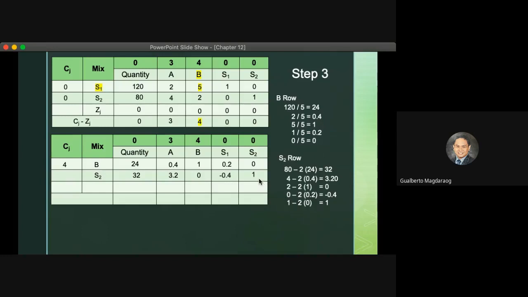Ulit, bakit naging 1 yon? That's 2 times 0 equals 0. So 1 minus 0 is 1. So ganun din dito sa other computations natin. And then copy-paste the contribution margin per unit for S2, which is also 0.